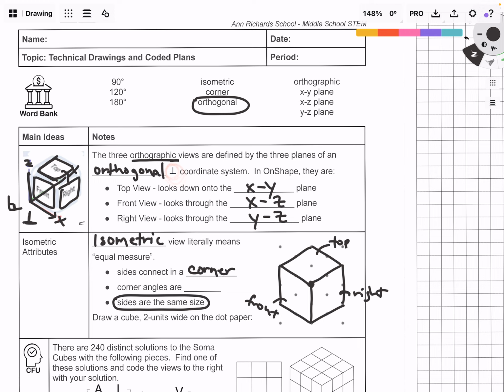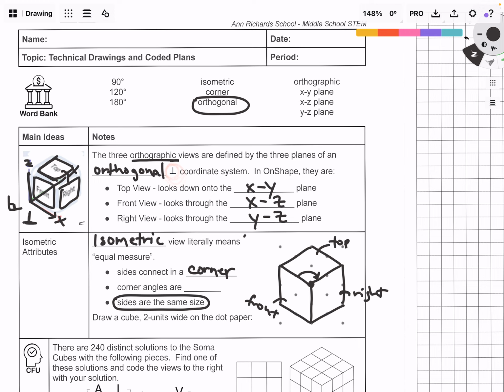And the other thing that might seem confusing is we all know that a cube has square faces, and a square has corners that are 90 degrees. But on this drawing, this is not a 90-degree angle. It is equally shared between all three faces.